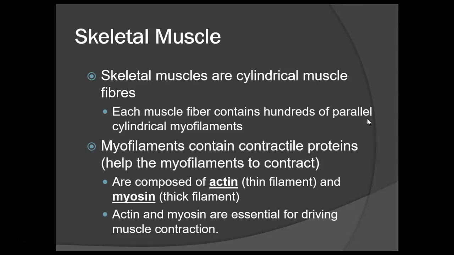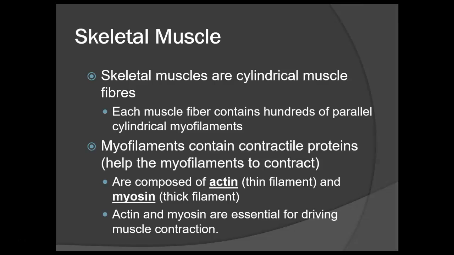So skeletal muscles are cylindrical muscle fibers, and each muscle fiber contains hundreds of parallel cylindrical myofilaments. And these myofilaments contain contractile proteins that help that muscle to contract, and they are called actin and myosin. That's as far as I want you guys to know. Just know that actin and myosin are essential for driving muscle contraction.